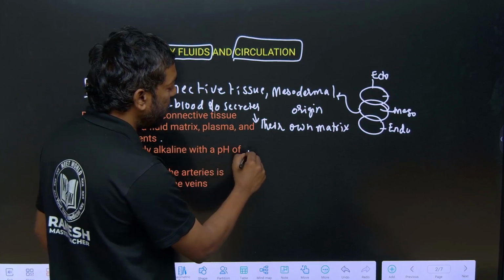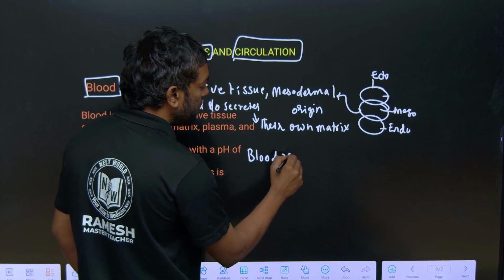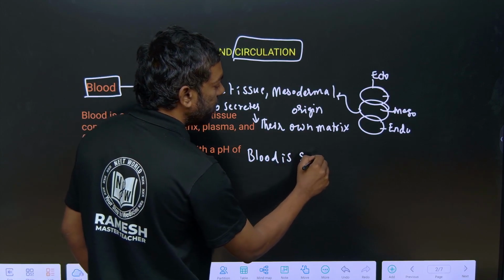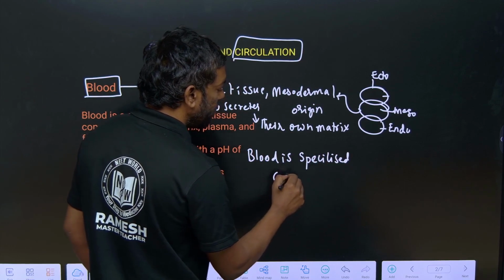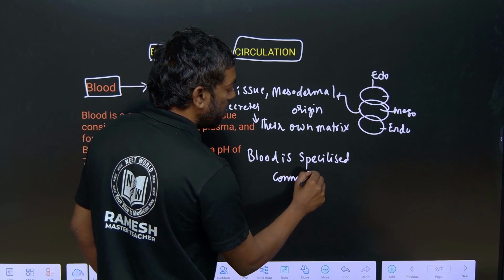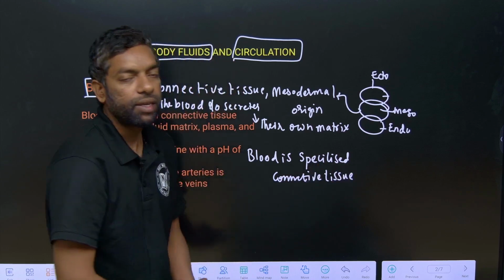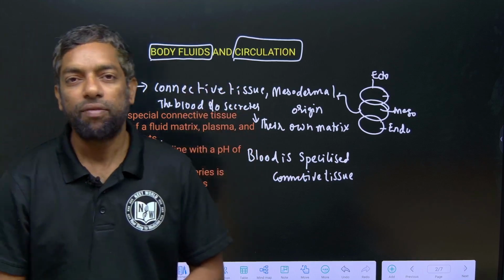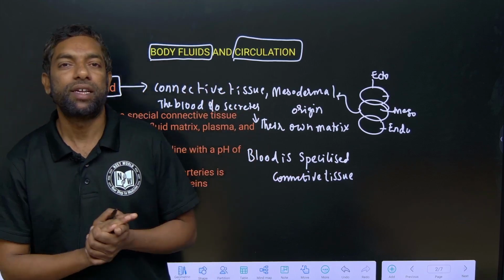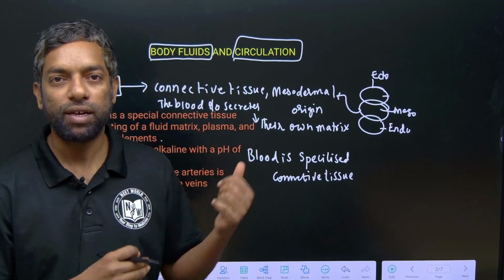That's why blood is the specialized connective tissue. In body fluid and circulation, in the circulatory system, blood plays the major role.